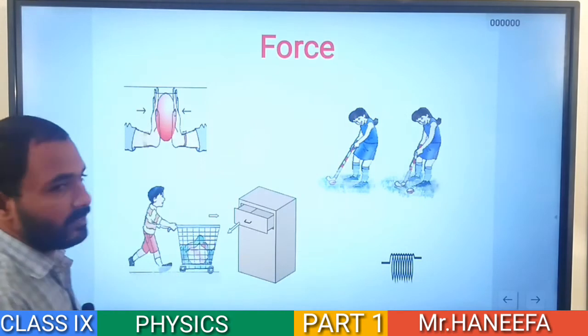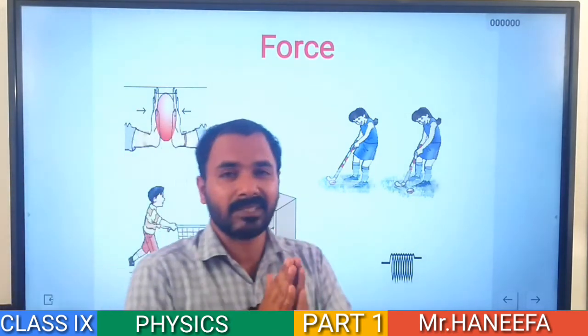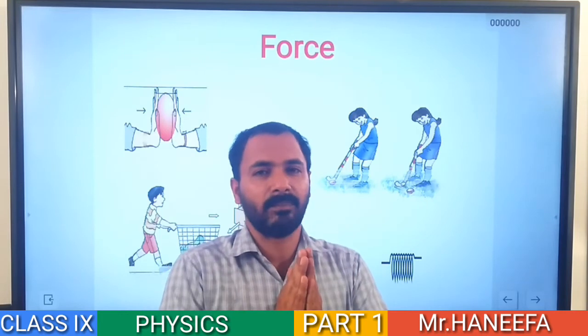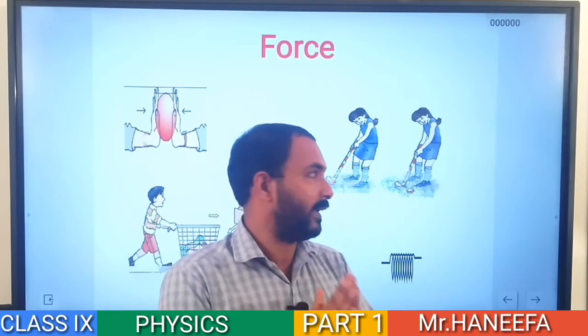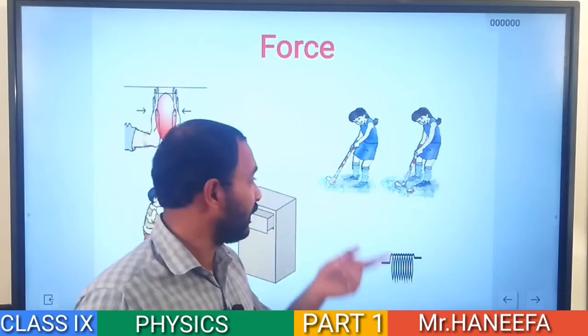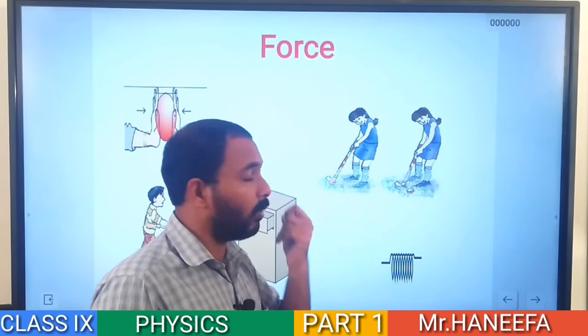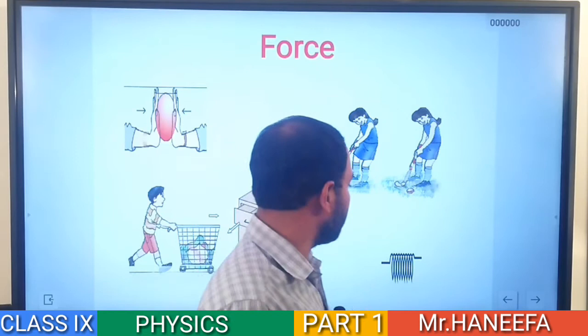All these activities. So in this activity, a ball is compressed. So a force is applied. To compress a ball, a force is applied. For playing hockey, to hit this ball by a hockey stick, a force is applied.